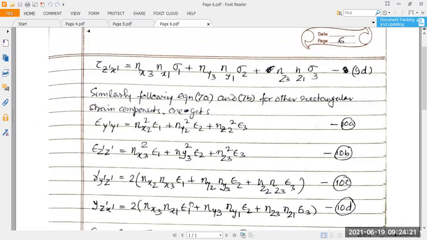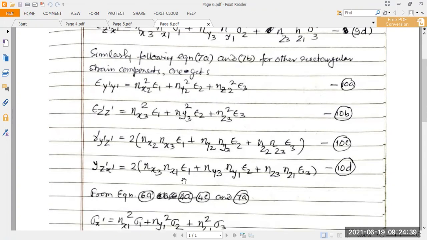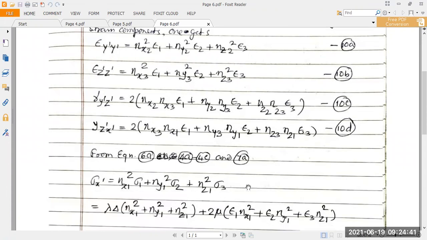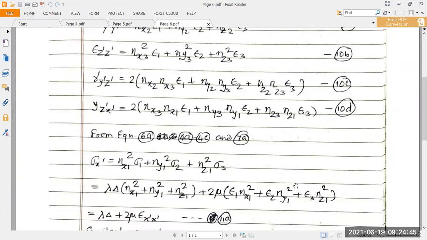Bulk modulus. Then we have these relations in terms of gamma yz and gamma zx itself. Thus, from equation 4b, we are getting the value of sigma 1.